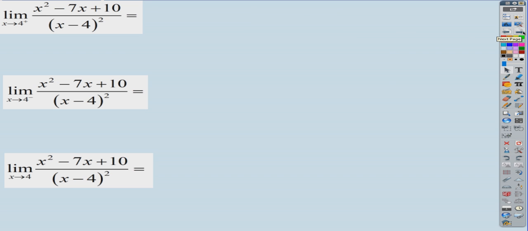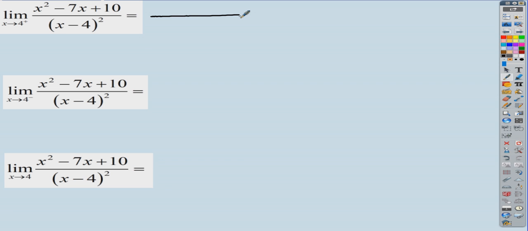Okay, what about these? What am I getting on the bottom? 0 positive.